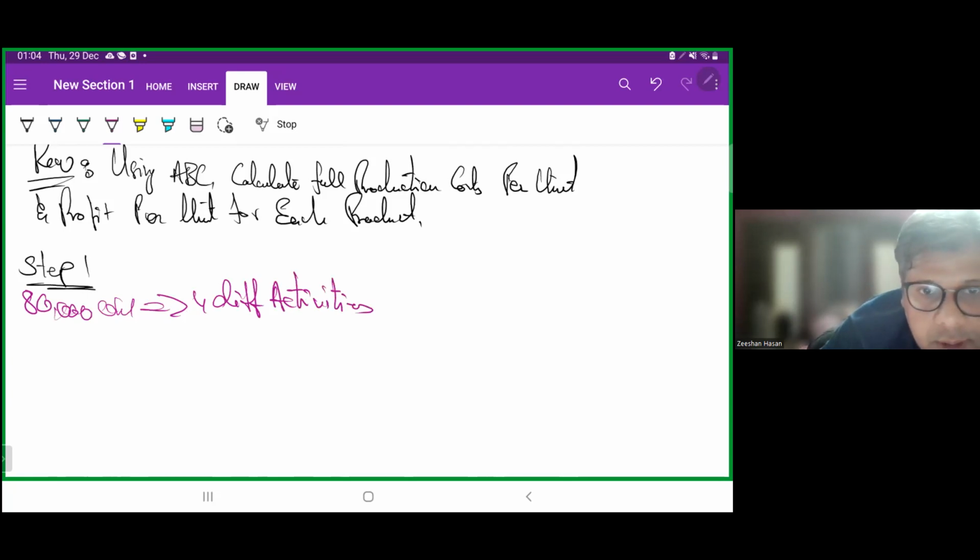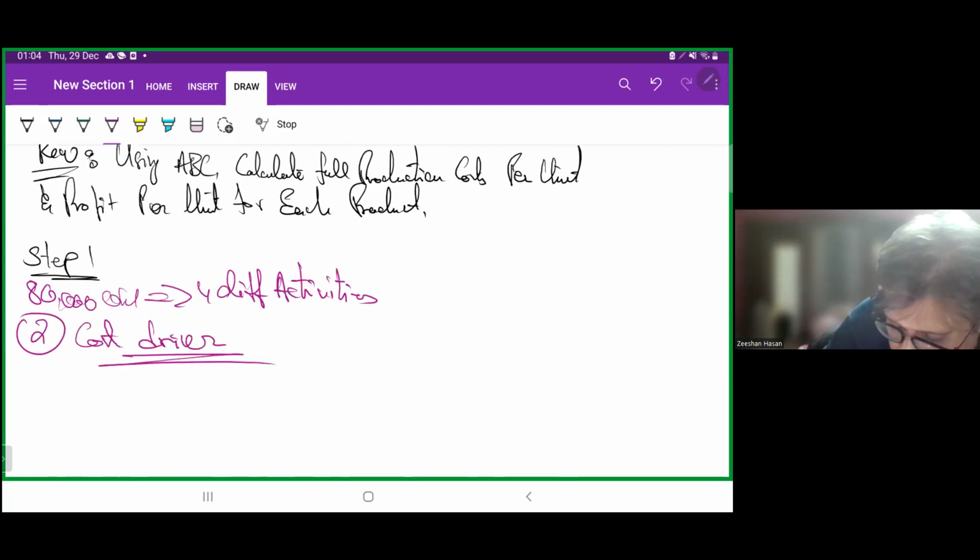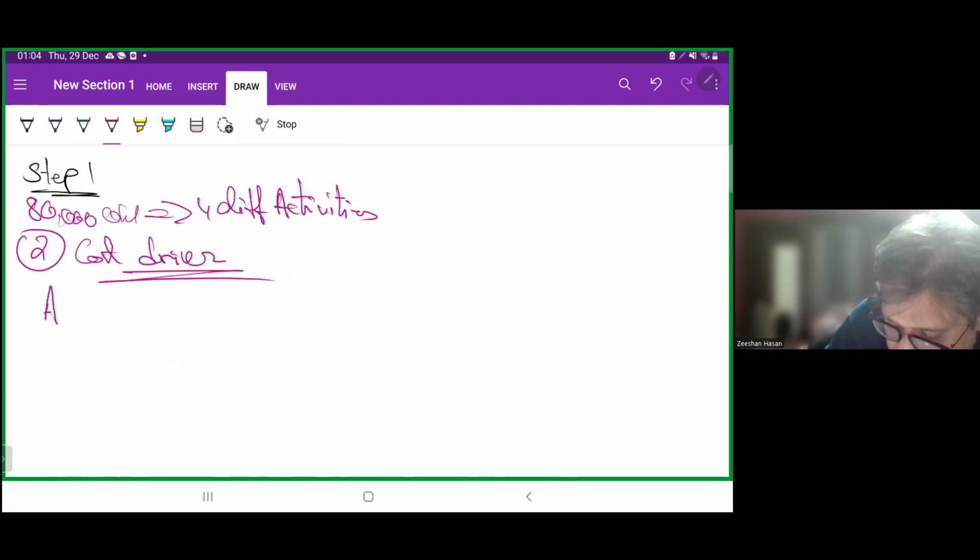Number two, we have to find out cost drivers for each activity. So let us do that. What are the activities we have? Firstly, we have machine cost.